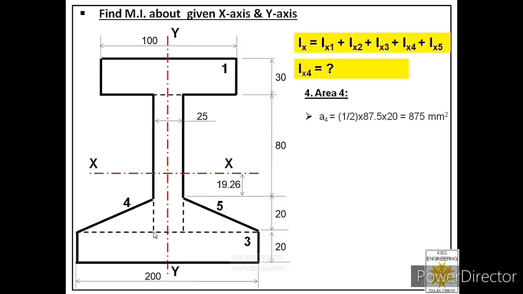From this base the centroid will lie at a distance of h by 3. H is 20, so we'll say 20 by 3. Then we will consider this as base and this as height, and this height is 87.5 we have found. Then from this base the centroid lies at h by 3, that is 87.5 by 3. So we will locate the centroid of the triangular area in this manner.